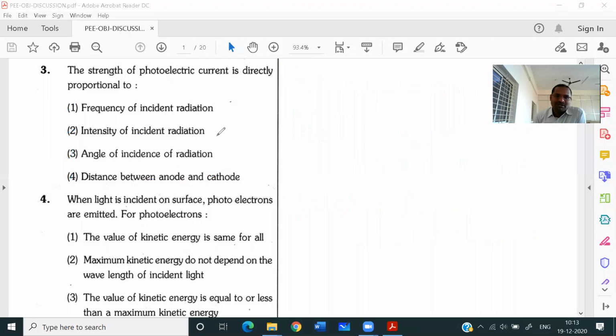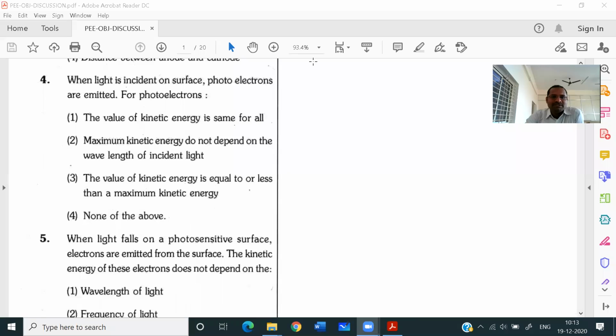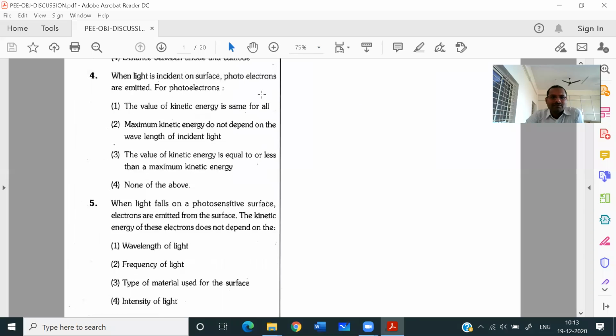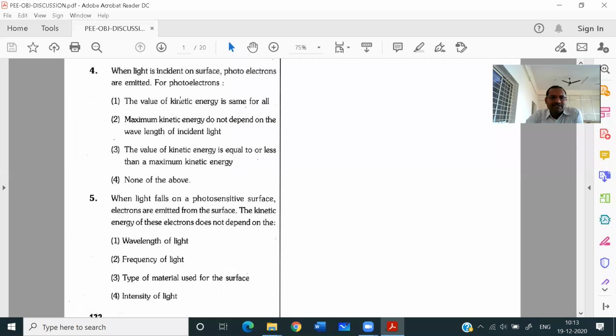Next, question number 4. See what they have given. They are asking that when light is incident on a surface, photoelectrons are emitted. Yes, we know this.